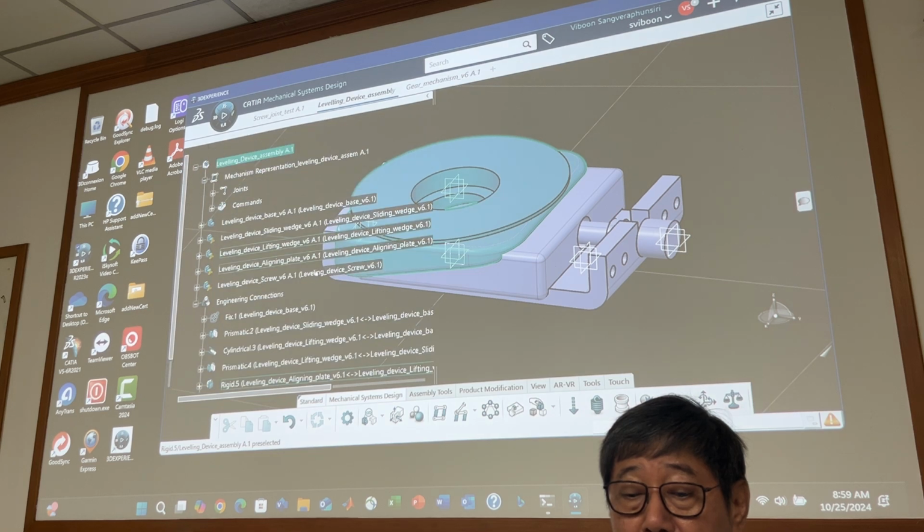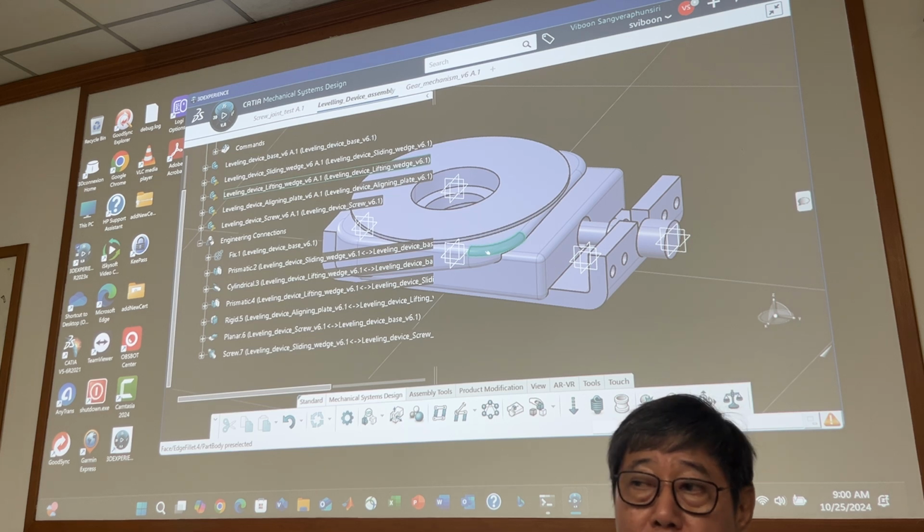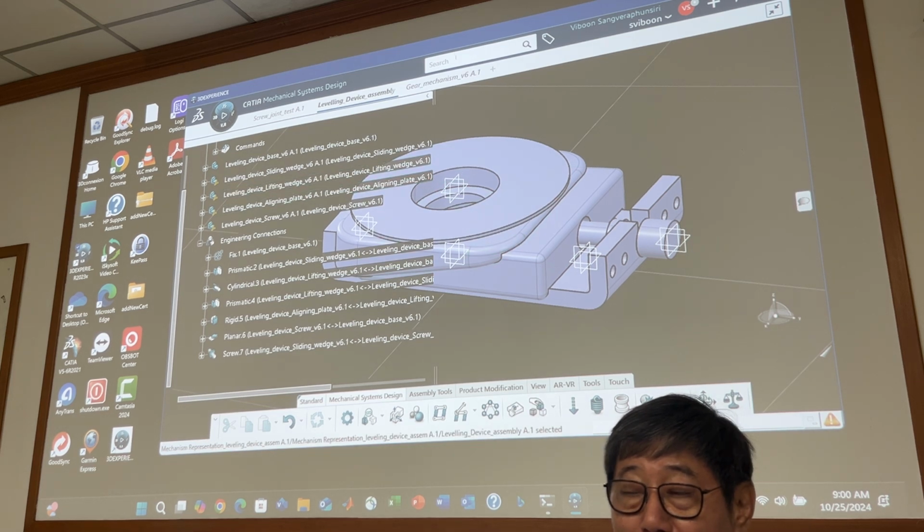If you see my slides, I also show you how to do this one without a screw joint.